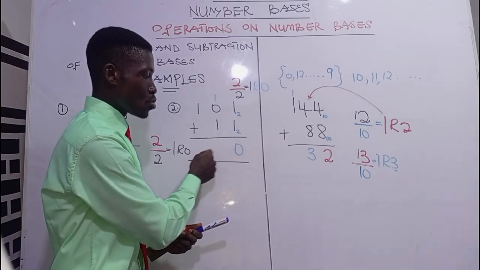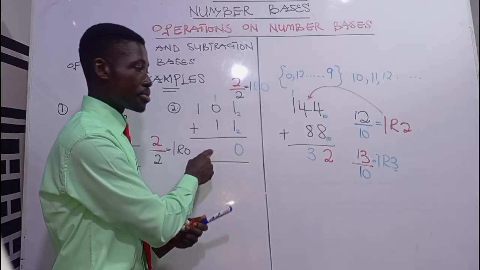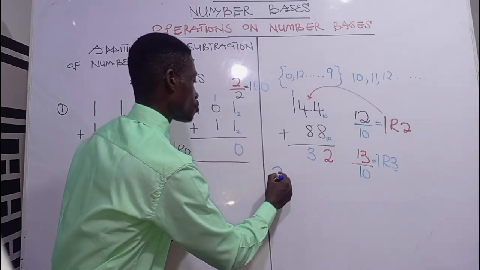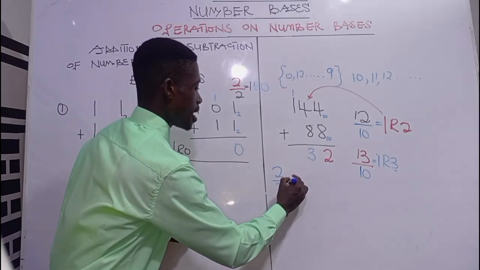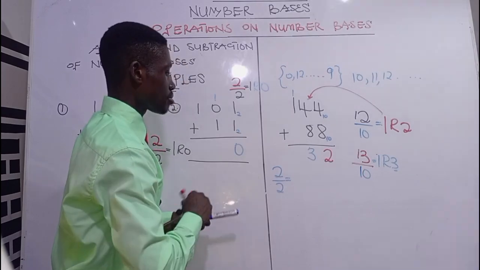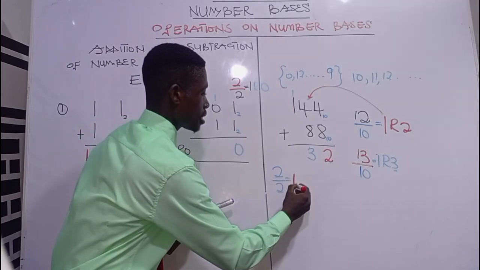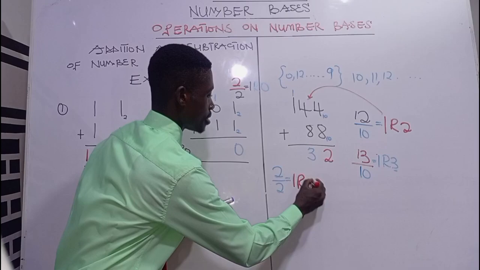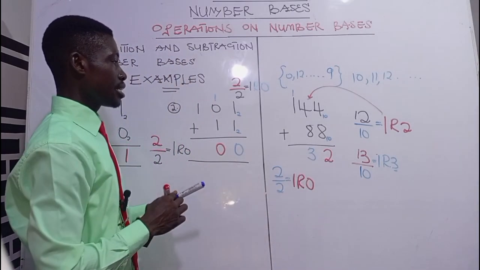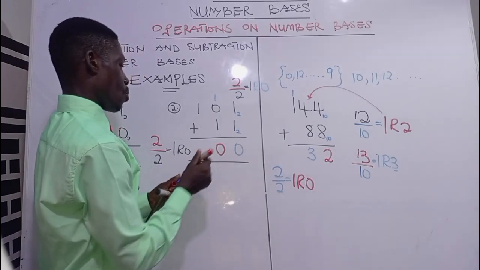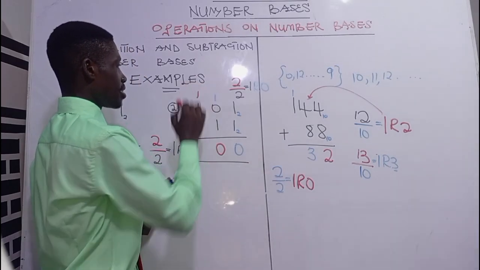Now we can write 2 when we are working in base 2. So we have 2 divided by the base we are working here, which is 2. And this is going to give us what? 1 remainder 0. So we are going to write the remainder here, and then we carry the 1, which is the quotient, to the next figure.